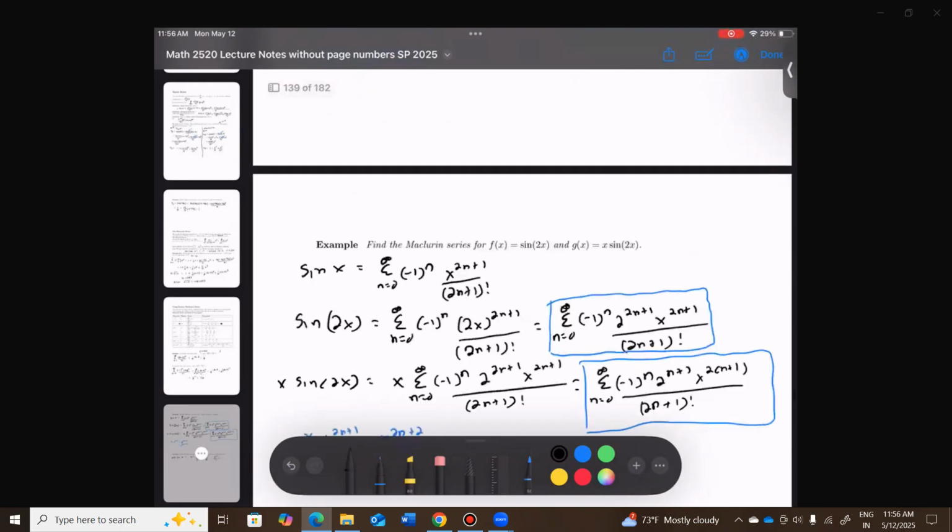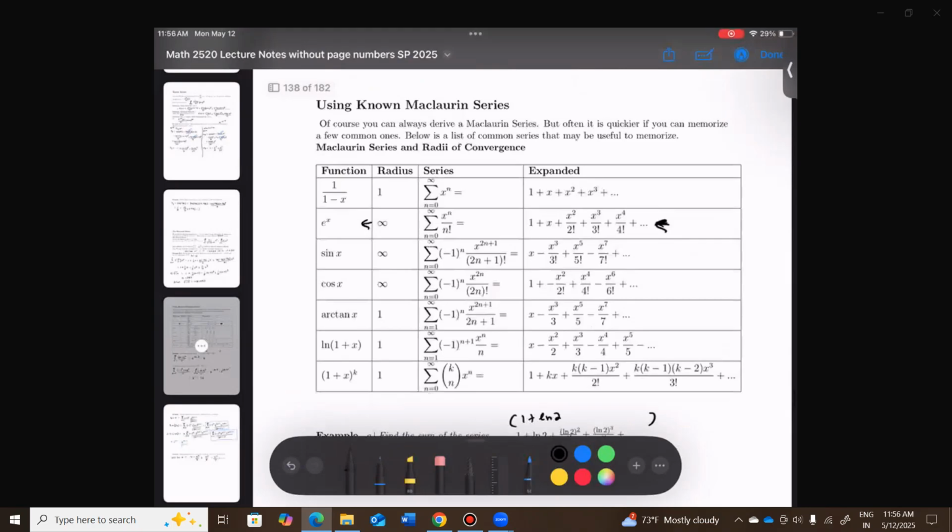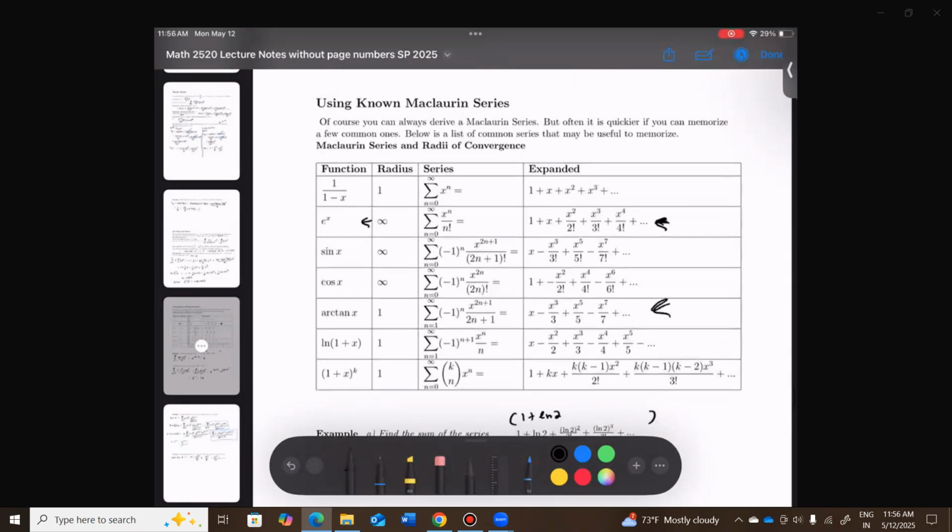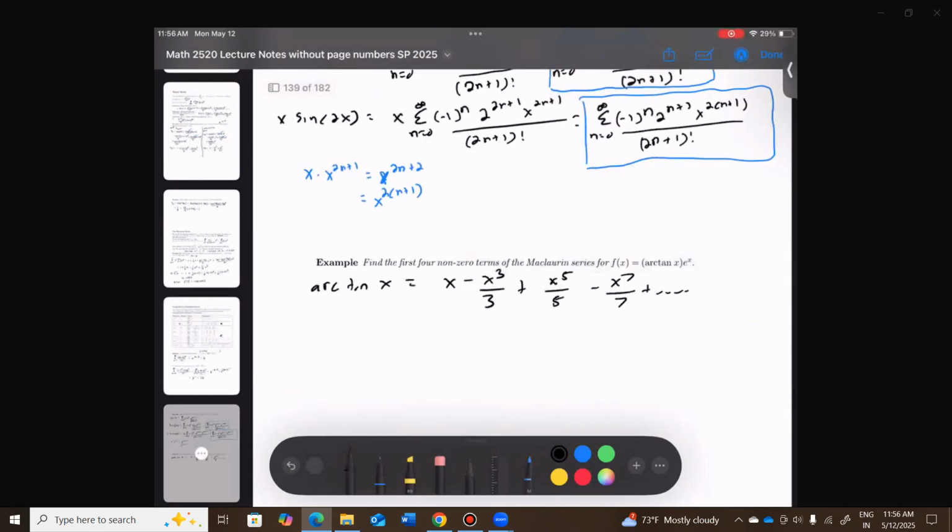Again, this comes from the table. And e to the x, again from the table, is 1 plus x over 1 factorial plus x squared over 2 factorial plus x cubed over 3 factorial, and so on.